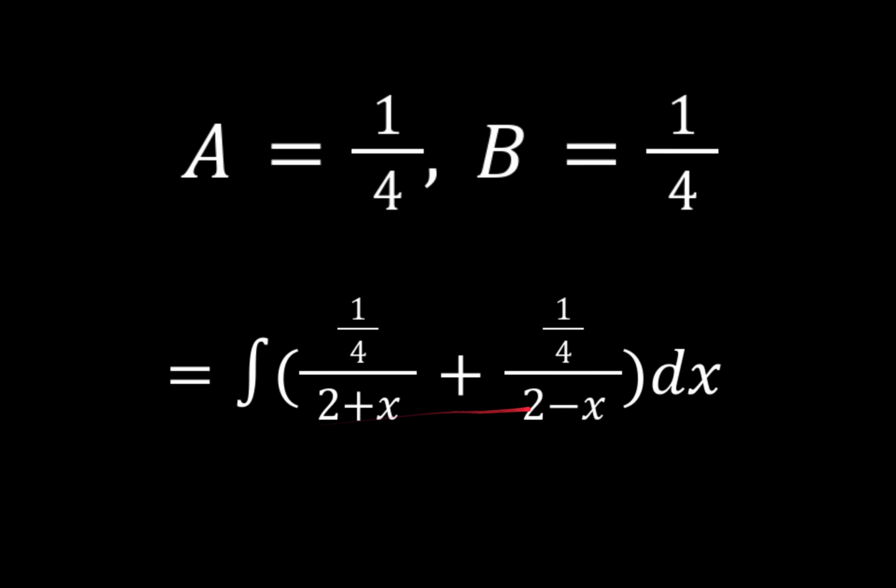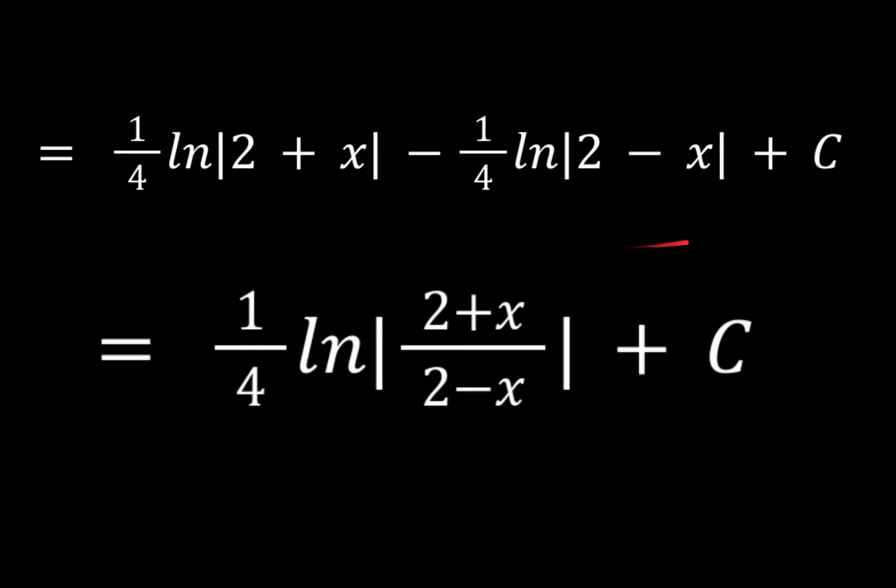Just taking the integral of both of these. And in order to solve the actual question on the packet, you had to combine these together using one of the properties of logarithms. The difference between two logarithms is the same thing as the log of the quotient of the two inside functions. So you divide 2 plus x by 2 minus x.